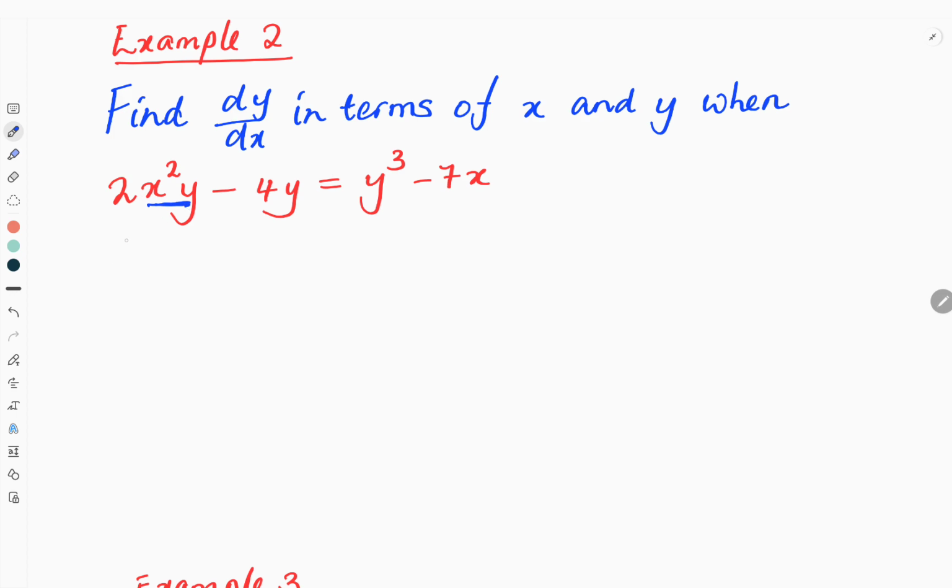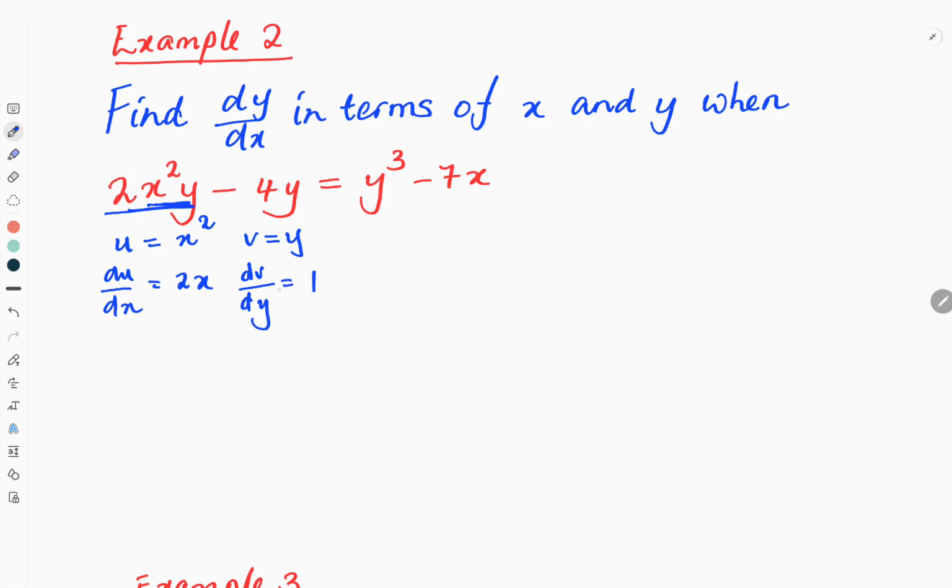To do that, we can let u be equal to x squared and v be equal to y. So du dx will be equal to 2x and dv dy will be equal to 1.